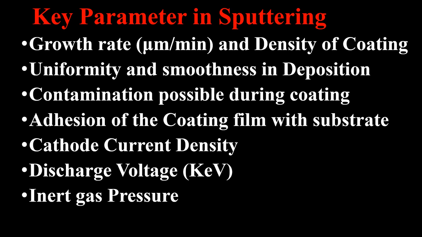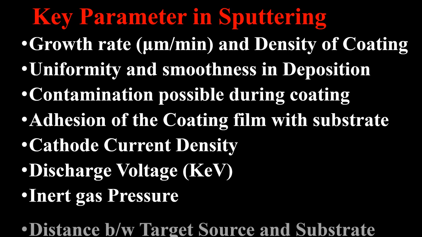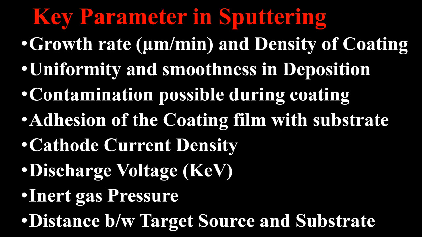It is very important. It is also a key parameter in the sputtering apparatus. Another key parameter is the distance between the target and the substrate. We have to understand that the distance between the target, or the source material, and the substrate can affect the rate of deposition.